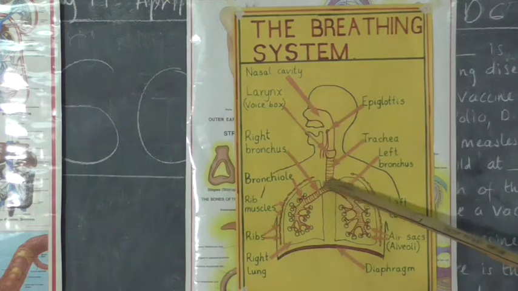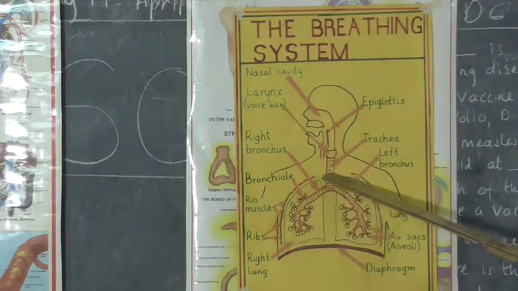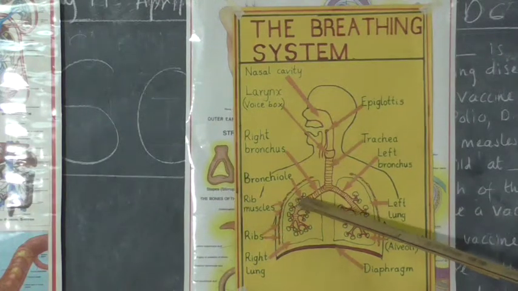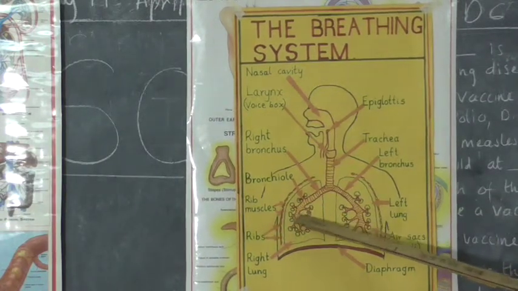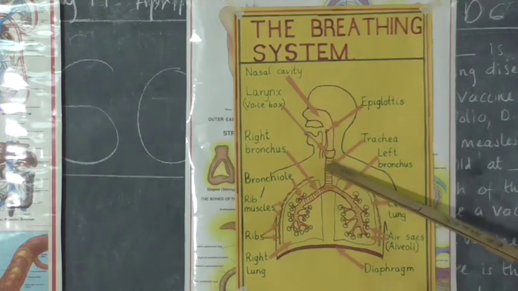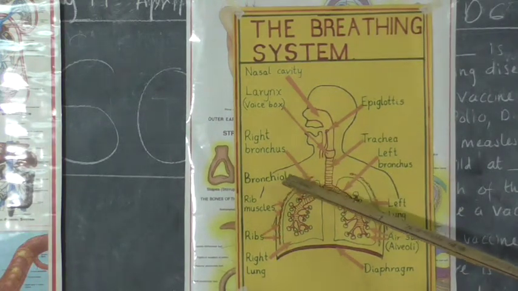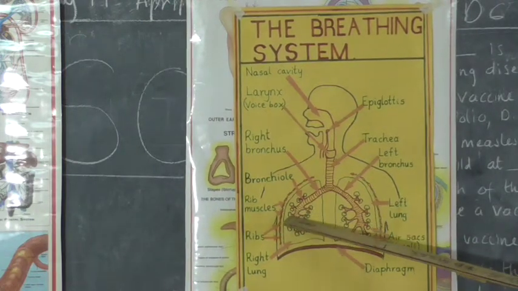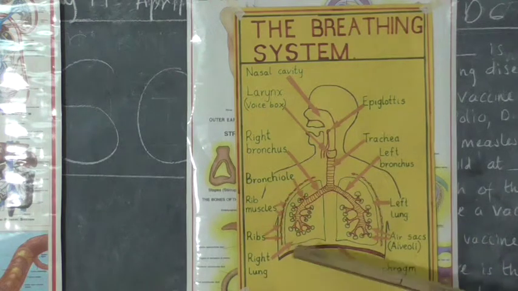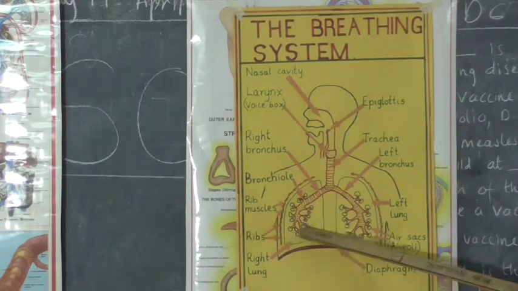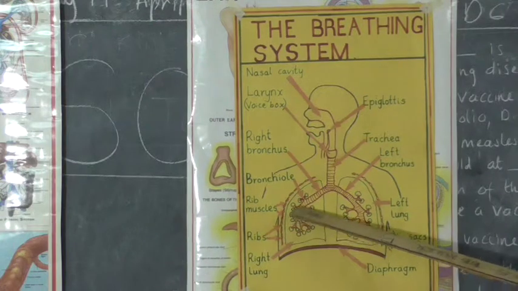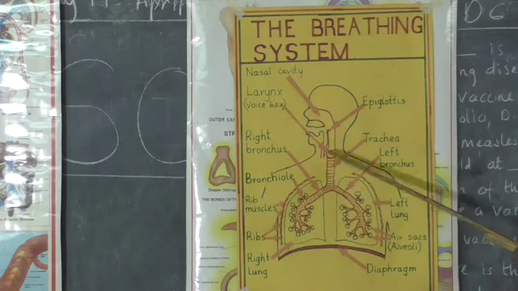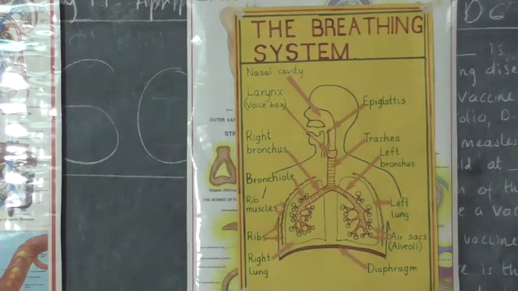The bronchus are a subdivision of the larger pipe, the trachea, that further subdivides into the smallest units, called the bronchiole. Then the bronchioles empty their contents, in this case air, into the small sacs that are called the alveoli or the air sacs.